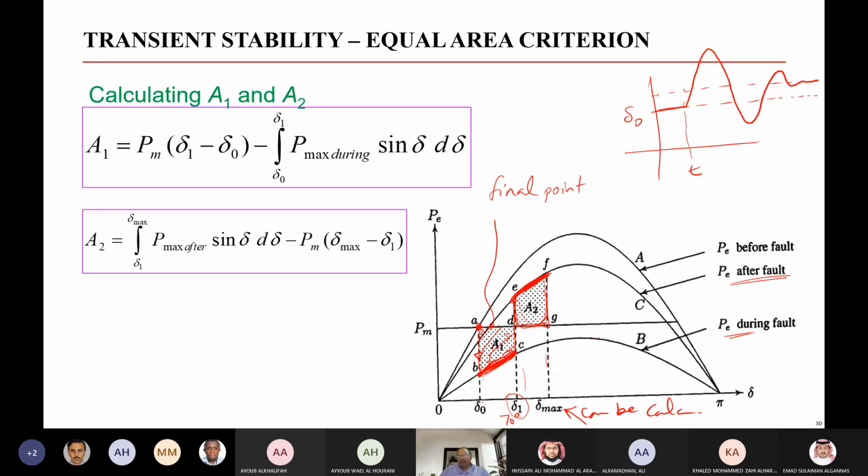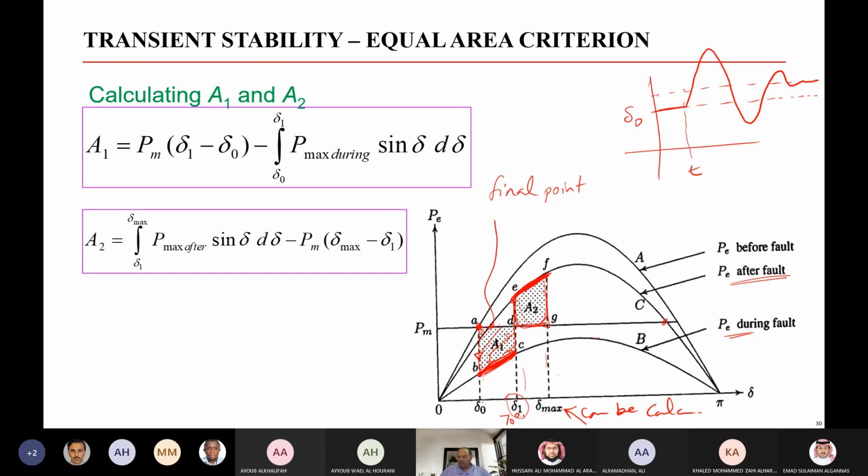If we are targeting the critical clearing time, and we are utilizing the whole area of deceleration, then this angle becomes 180 minus this angle, and this angle can be calculated. So delta max is known, but the unknown is the clearing angle, and this is the critical clearing angle in this case.